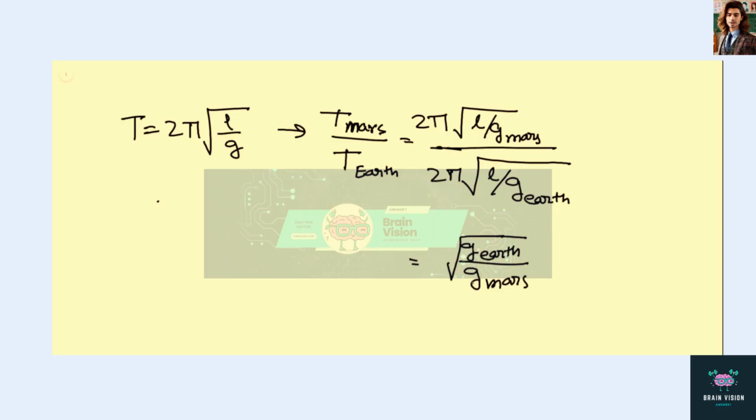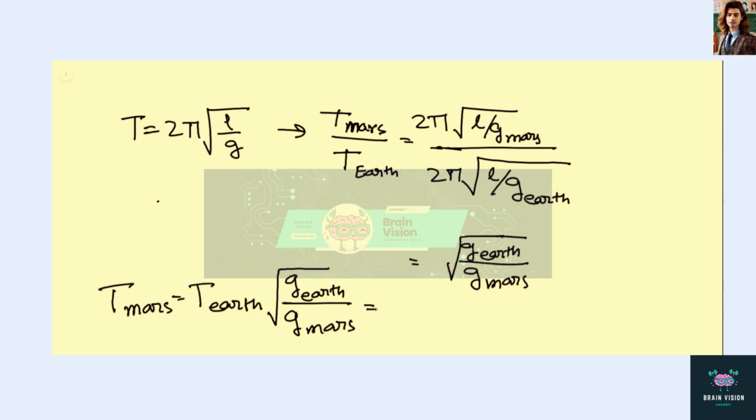From there, if we solve for T Mars, that will be equal to T Earth times the square root of g Earth divided by g Mars, which is equal to 1.85 seconds times the square root of 1 over 0.37, which is equal to 3 seconds.